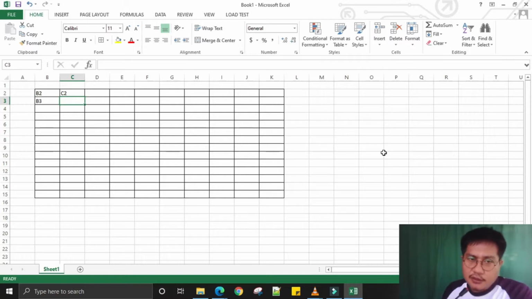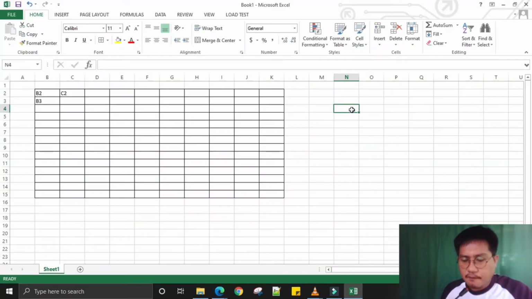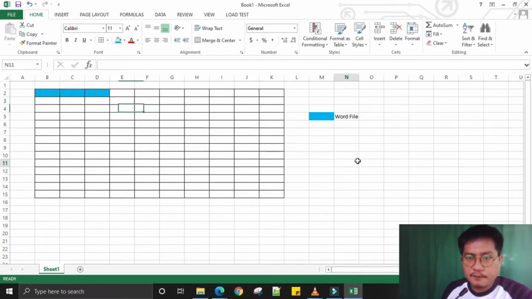So in this manner, as per this function, mapping files into the secondary storage, the purpose of that is, when you have a file, a Word file, this Word file will be mapped into your storage device. See, it will occupy at least 3 blocks or 3 cells or 3 sectors in your storage, and these sectors have different names, right?